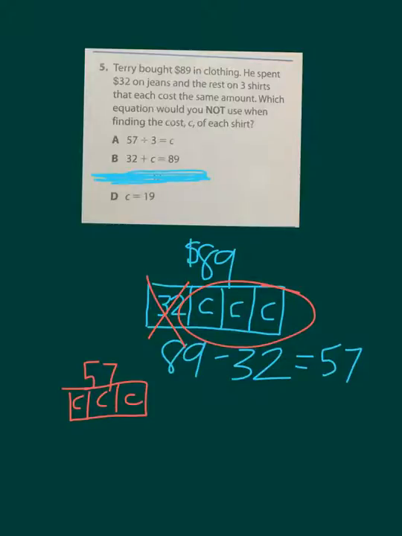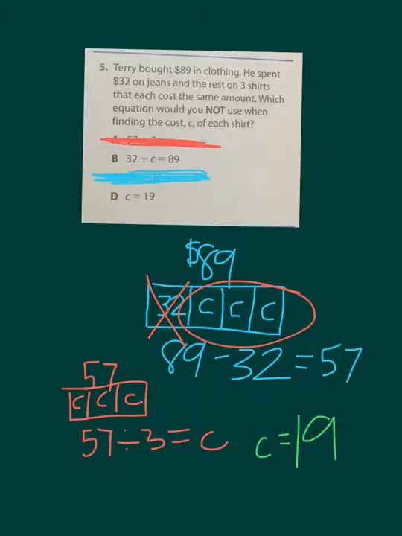When we talk about all the same amount, those are equal groups and we already know our whole, so we're not multiplying, we must be dividing. So this equation here is 57 divided by 3 equals your cost. So we did use that. And if we were to solve this equation, 57 divided by 3, we would get 19. So the only equation here that we did not use was B.